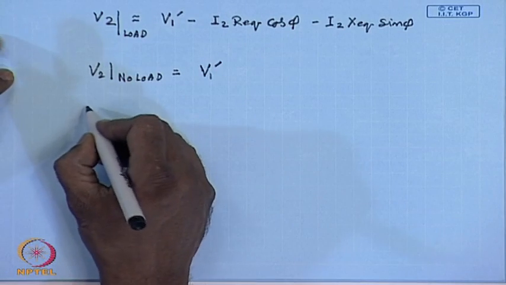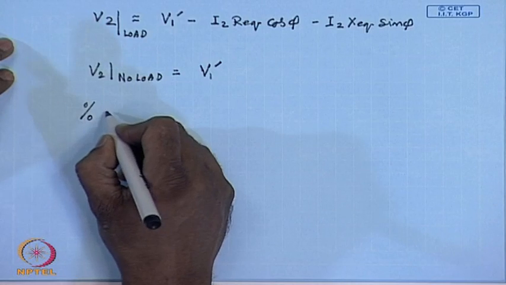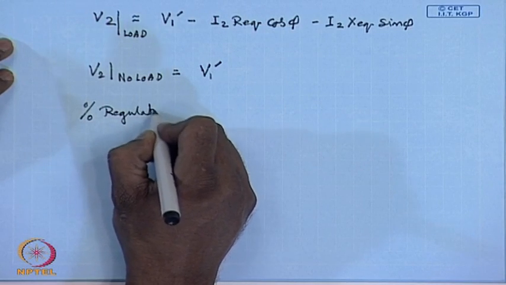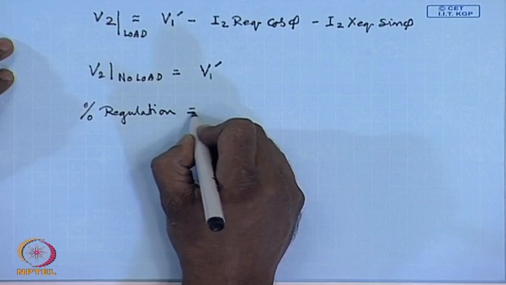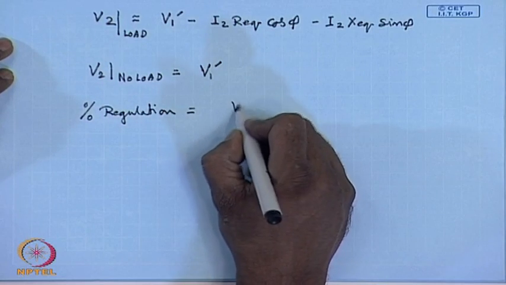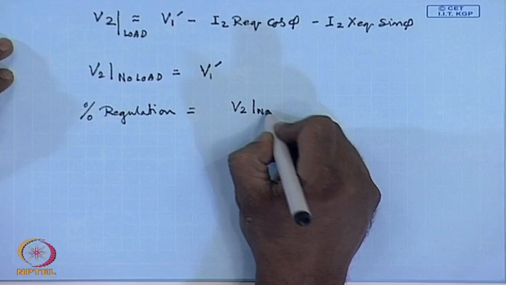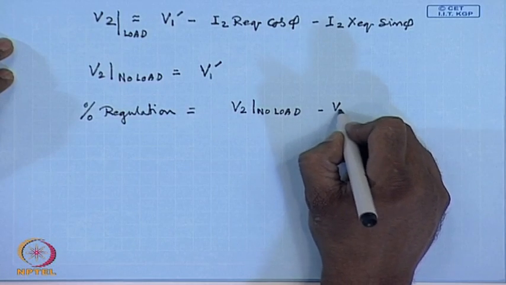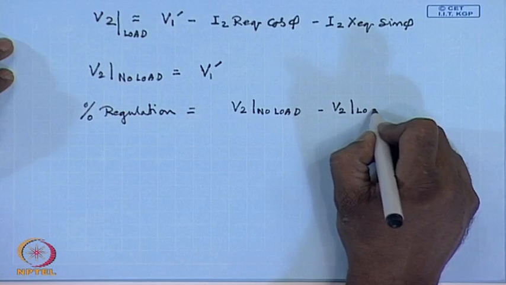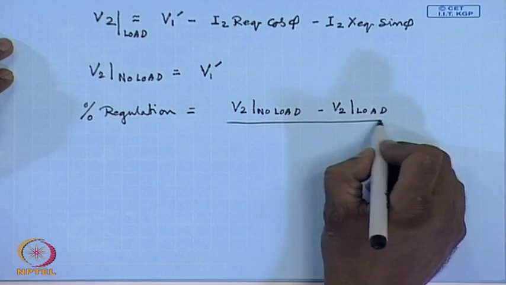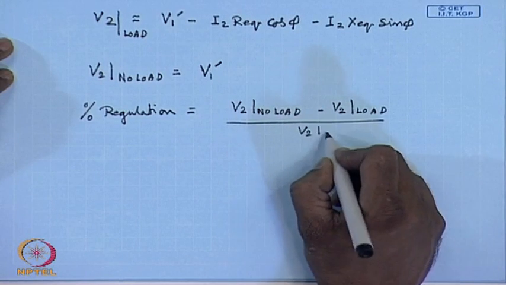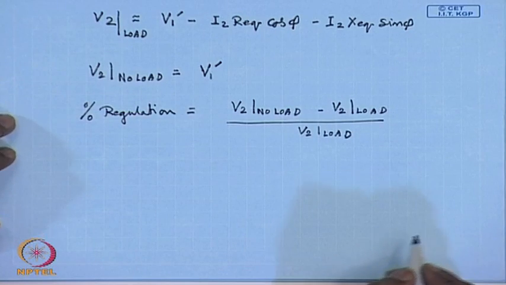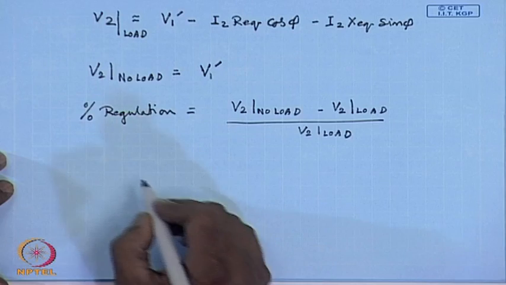Hence, percentage regulation is defined as V2 no load minus V2 at load divided by V2 at load, but V2 no load equal to V1 dash.